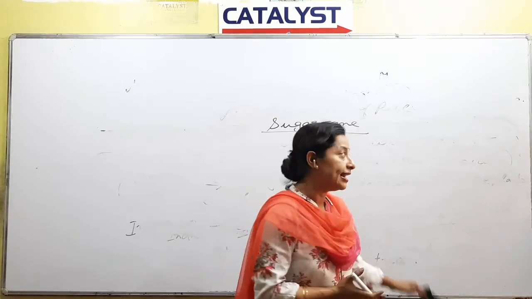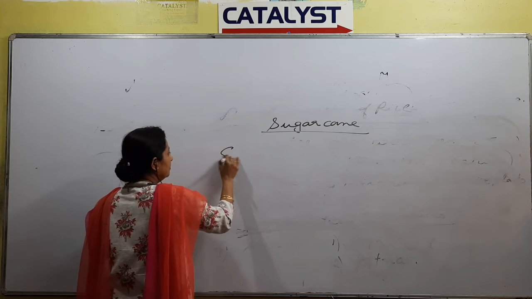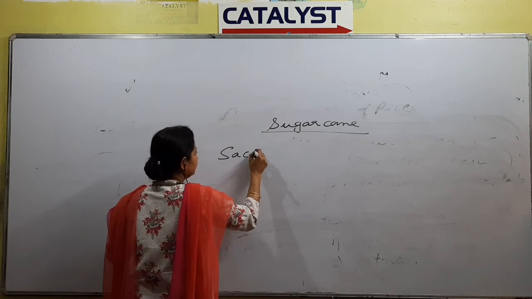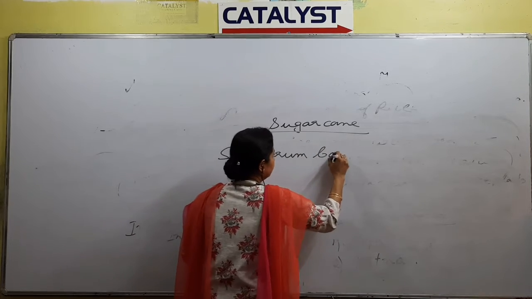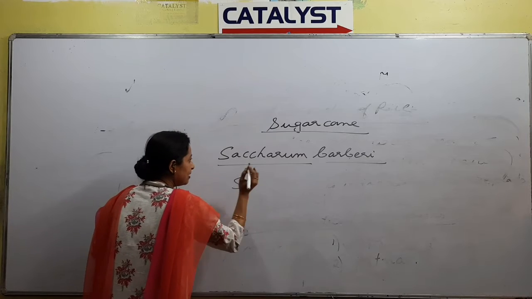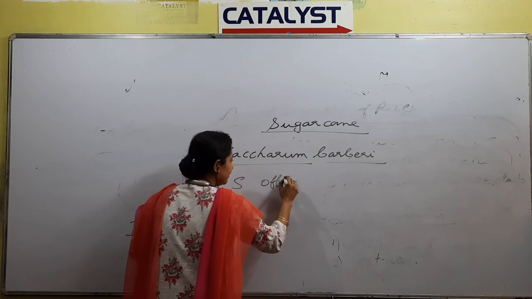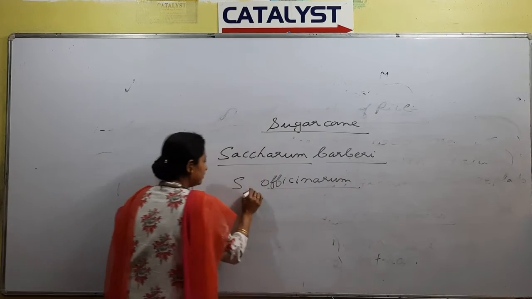We are talking about sugarcane, and we have to talk about two species. The scientific name is Saccharum, right? So we will talk about two species, Saccharum barberi and Saccharum officinarum.